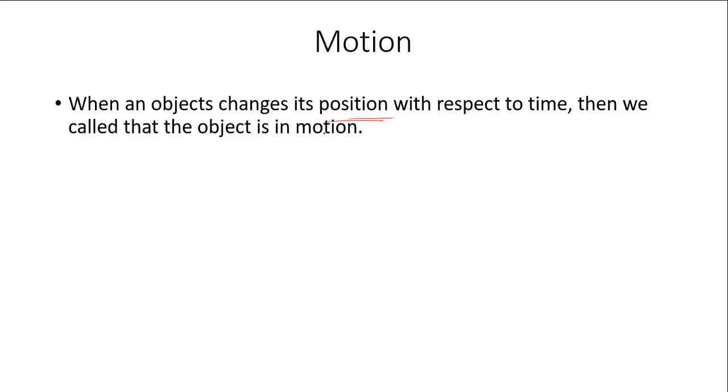To understand this, let us take an example of an object. Let us assume that my object is moving in a straight line. So at t equals 0 second, this is my object, here x equals 0.